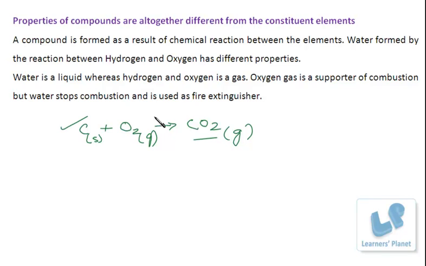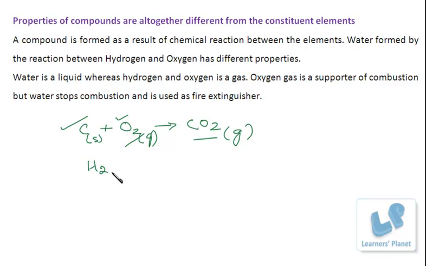Carbon is solid, oxygen is a supporter, or it supports combustion. It is a supporter of fire. In the presence of oxygen, fire takes place. Fire requires oxygen. But carbon dioxide is not a supporter of combustion. So, it is not combustible also.